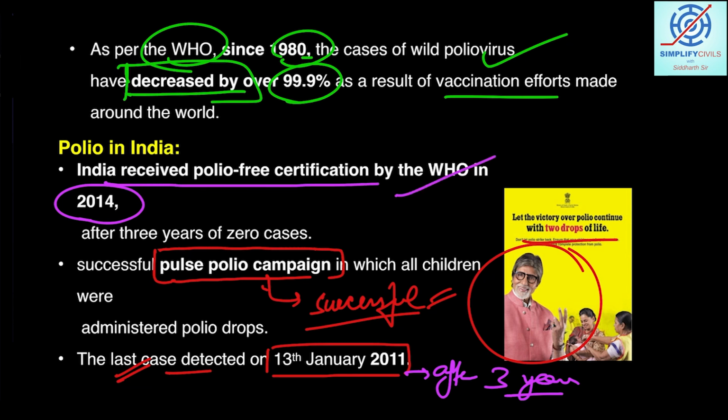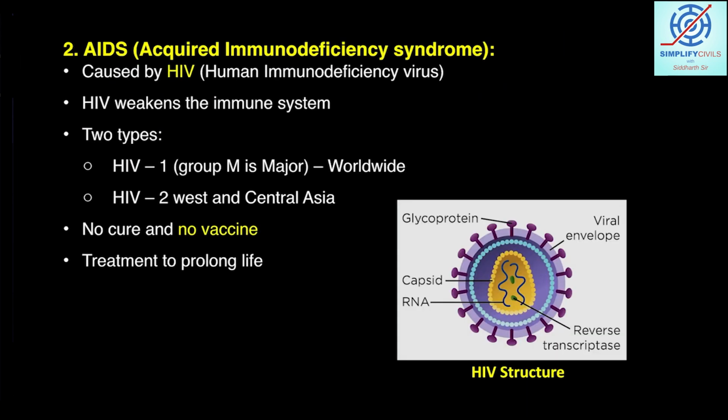So after a 3 year buffer period, India in 2014 was completely eradicated from polio. Very successful campaign, the Pulse Polio campaign. Remember this and quote it in one of your answers, if possible in the conclusion, and it would fetch you good marks.